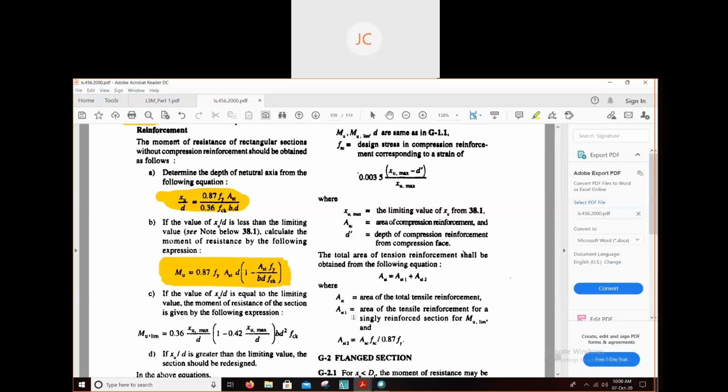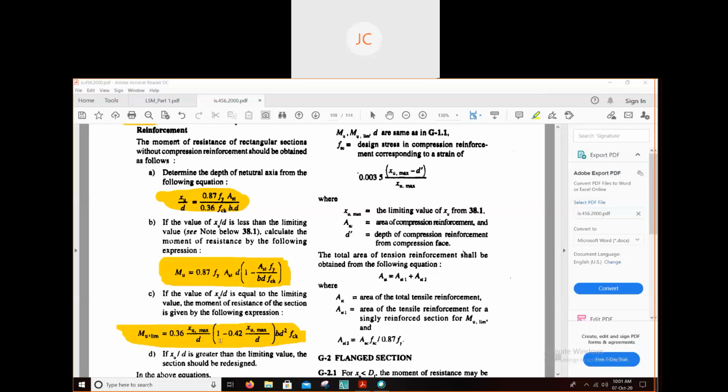Can anyone tell me why we are not using this other formula? Both are equations for moment of resistance. So why are we not using this one and using this equation instead? Can anyone tell me the answer? Why are we not using this equation, Mu lim?